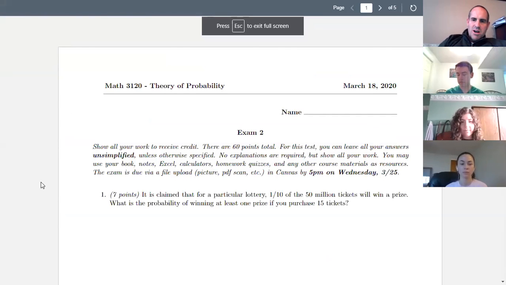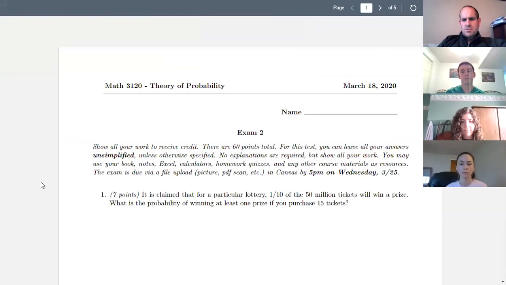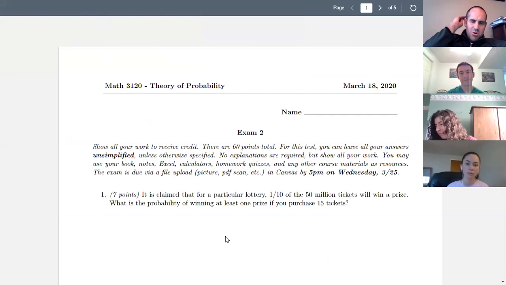Okay, so this first problem, somebody want to talk to me about what you were thinking? I'm not saying that you guys were all wrong, because you weren't, but I was surprised that there seemed to be an even split in terms of how to approach that one.